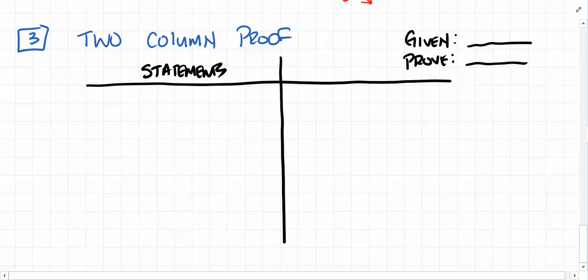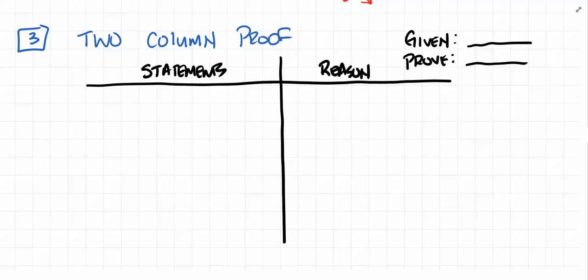The right-hand side is going to give you the reason that you're stating it. In geometry, we cannot say something without having a justifiable reason. So on the left-hand side we will always have our statements, and on the right-hand side we will always have our reasons. This is going to be our format.